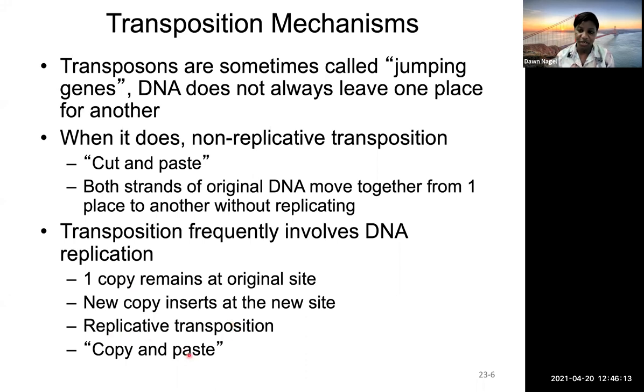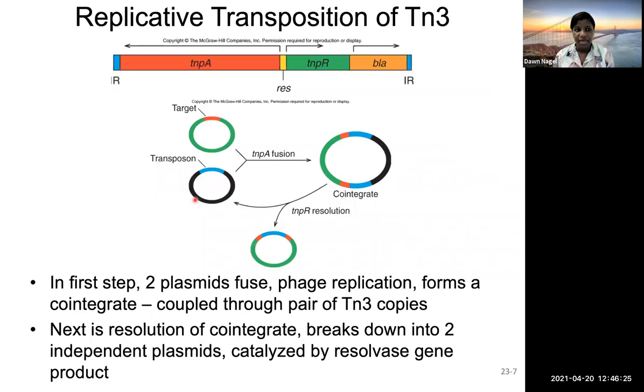So you're making a copy of that transposable element and that copy goes and inserts into a new location, compared to where the transposon just cuts from one location and moves to another. The cut and paste is very straightforward. So it's just cutting and cleaving and going into a new location.